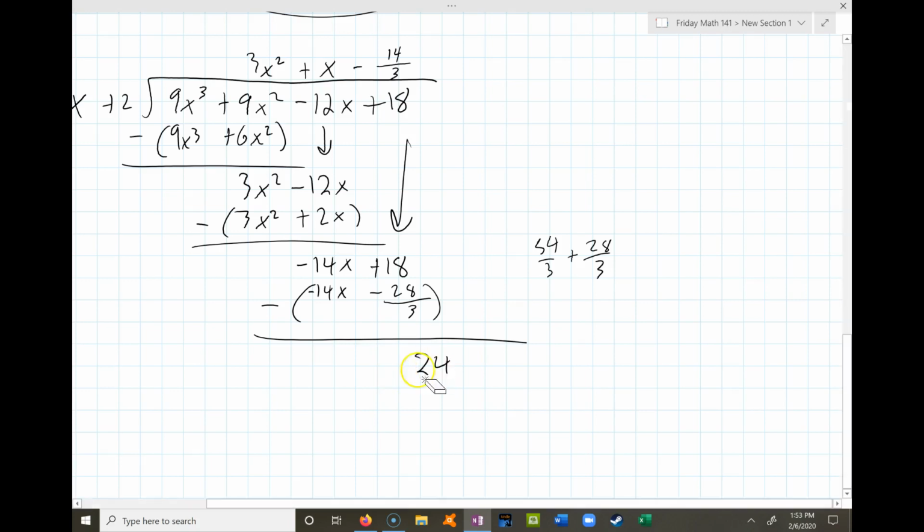Oh no, that's not right. I did that wrong. 54 plus 28 would be 82 over 3. Yeah, so that'd be 82 over 3. There we go.